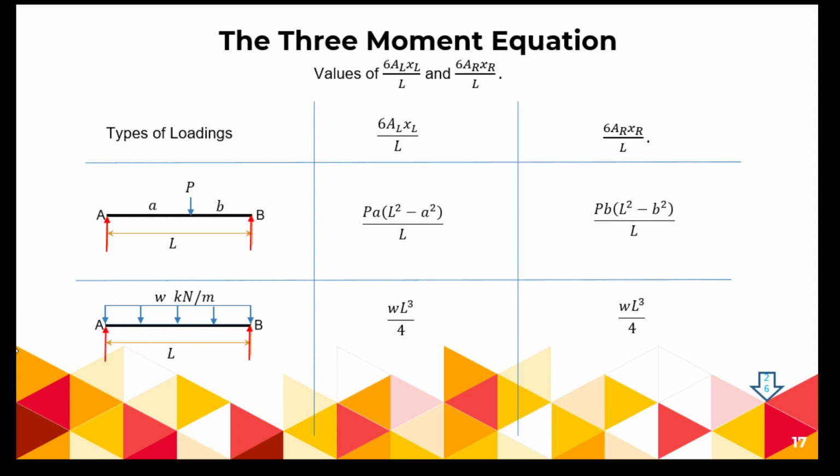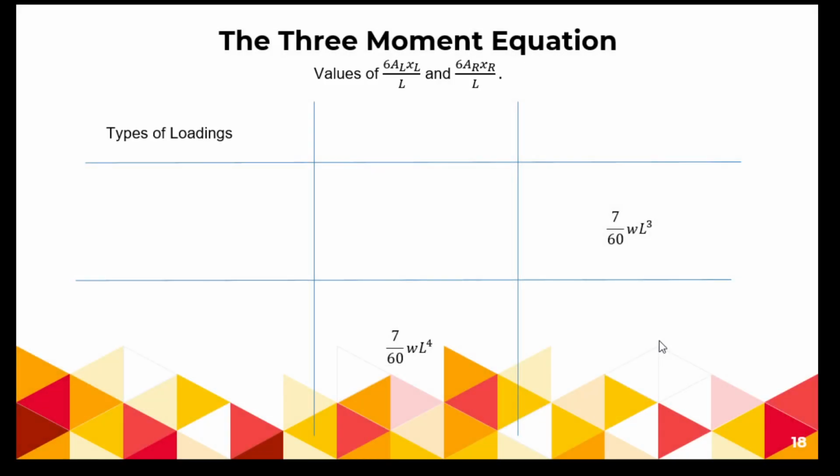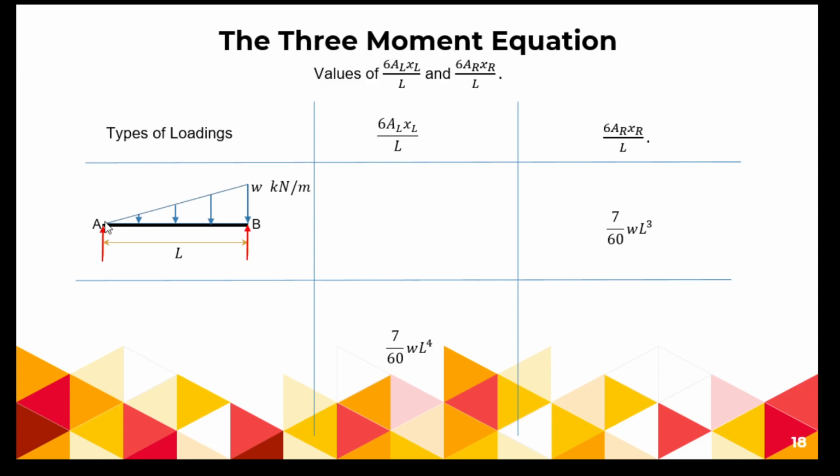Pariho. Kahit di ka uniformly distributed sila mo. So we have this WL cube over 4. For triangular load, now take note. Sa point A, iya vertex. Sa point B, RD iya nga W. Ano na yung values. Try to copy class the formulas of the given regular loads.